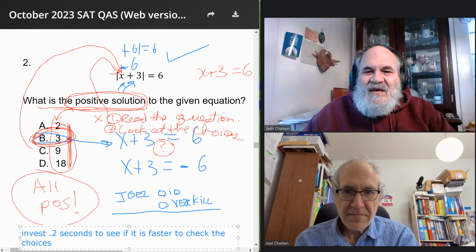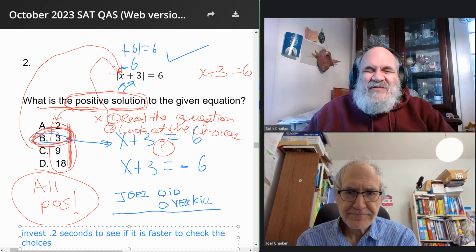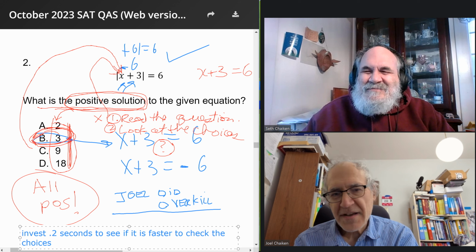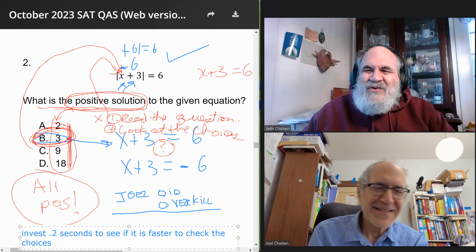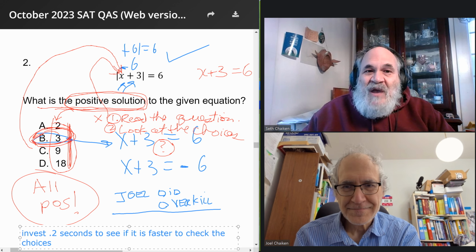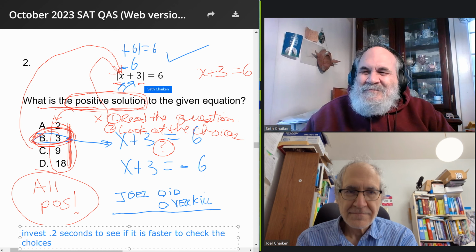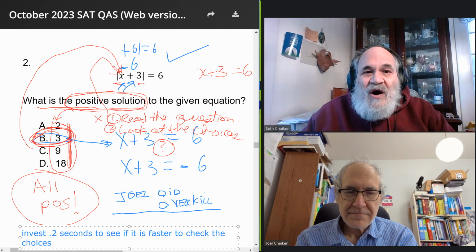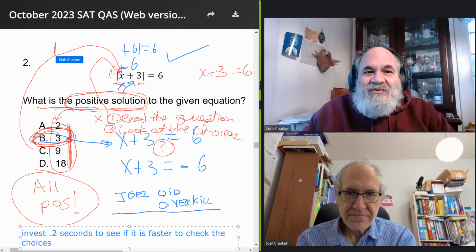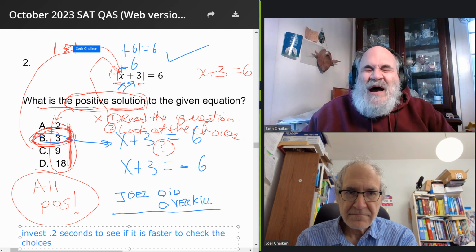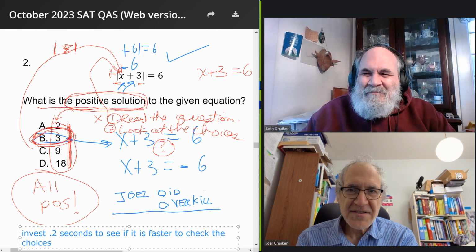Now, none of this will help unless you know what the absolute value thingy means. If you have no idea what the bars around some expression mean, you have homework to do. You're sunk in this question.